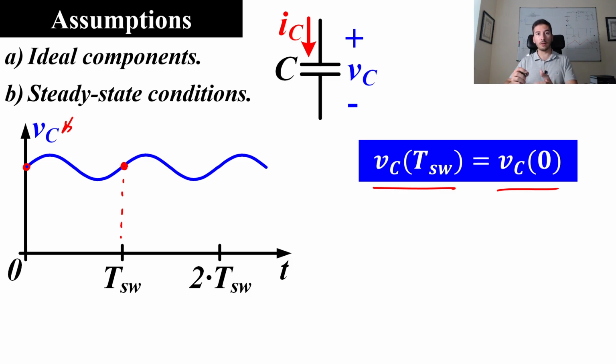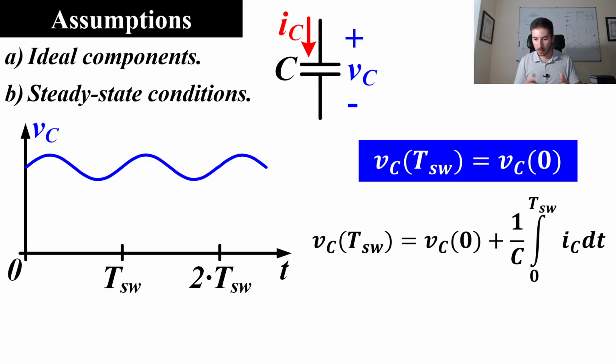Now let's apply the general expression of the voltage across a capacitor and we will impose this condition. We can say that the voltage across a capacitor at the end of the period is equal to the voltage across the capacitor at the beginning of the period plus 1 over C, 1 over the capacitance, integral of the capacitor current between 0 and the end of the period.